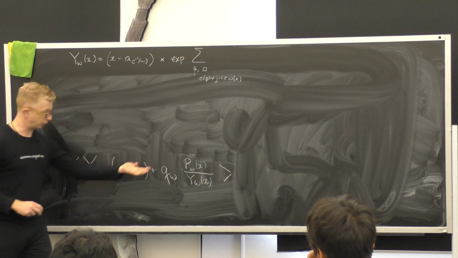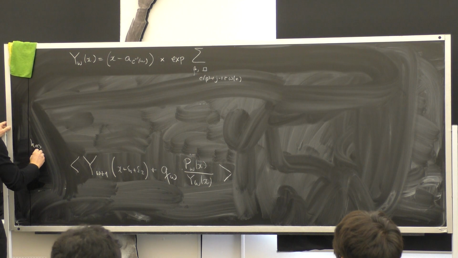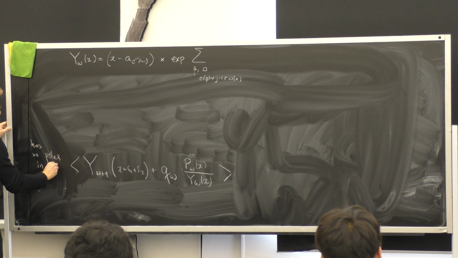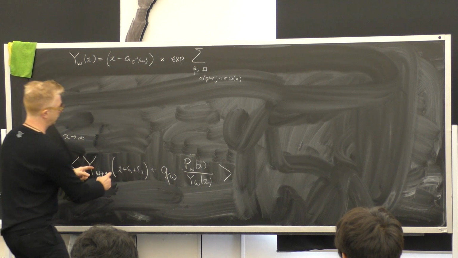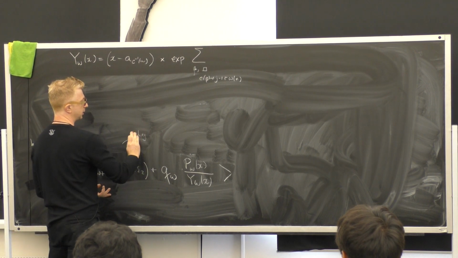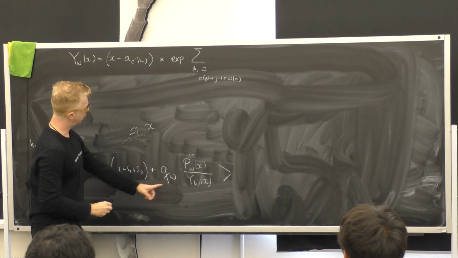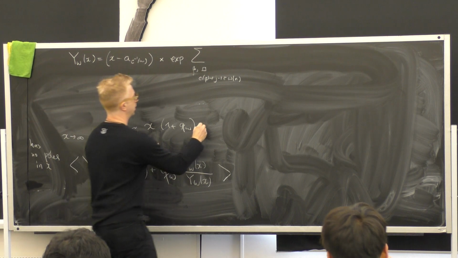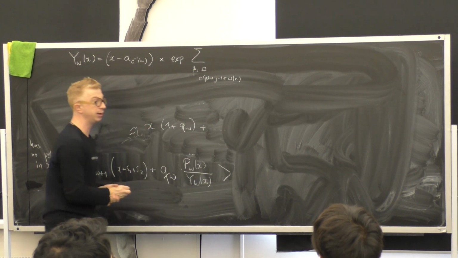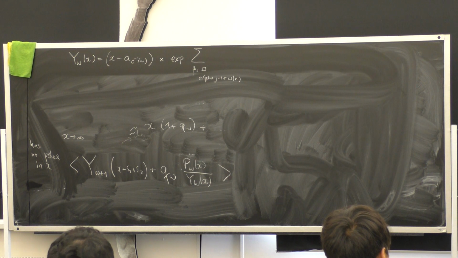I claim that this expectation has no poles in x, and when x goes to infinity, asymptotically it behaves as x times 1 plus q, plus lower degree. So, start over.